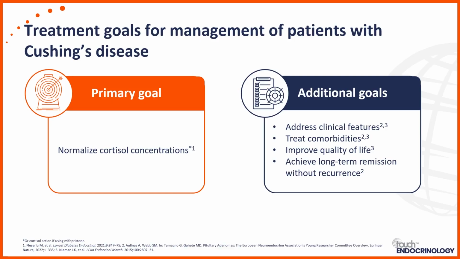Right. Well, thank you. The primary goal from the medical standpoint is to normalize the cortisol. That is to determine the source of the problem, such as Cushing's disease, or pituitary tumor, and manage it to the point where the cortisol levels come down to normal. Along with that, in part because we are lowering the cortisol, will be to treat the associated comorbidities, the blood pressure rise, the diabetes, the weakness, the osteoporosis, improve the quality of life.